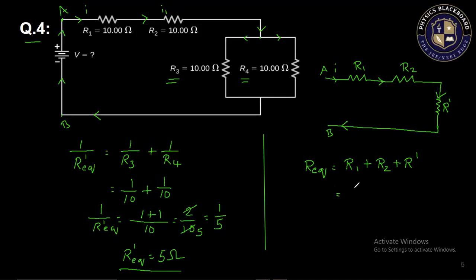What is R1 here? 10 ohms. What is R2? 10 ohms. R dash we got 5. So 10 plus 10 is 20, 20 plus 5 is 25. The final equivalent resistance is 25 ohms. Done.